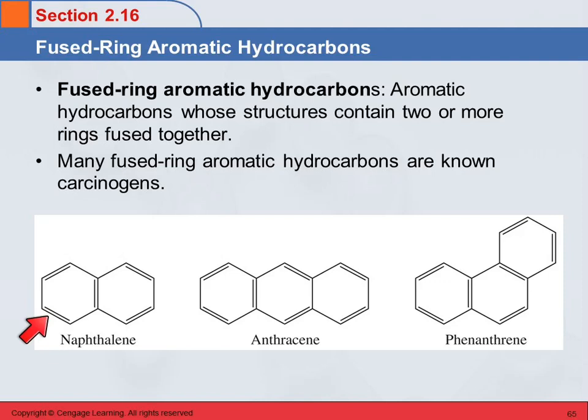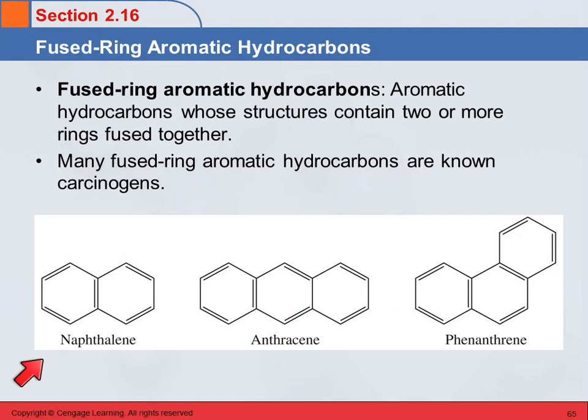This is aromatic because we've got the alternating double and single bonds, at least the way we draw it here, in this ring and in this one. It's a fused ring structure because it shares two carbons. These two carbons are present in both of these rings, and that's what a fused ring structure is. Over here we have 3 rings fused together, and here are 3 rings fused together in a different way.